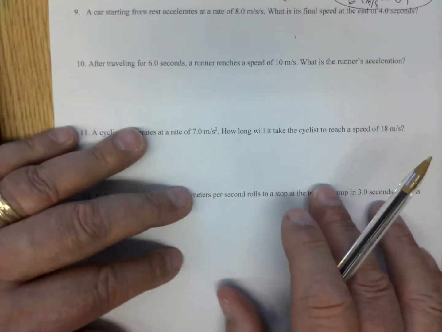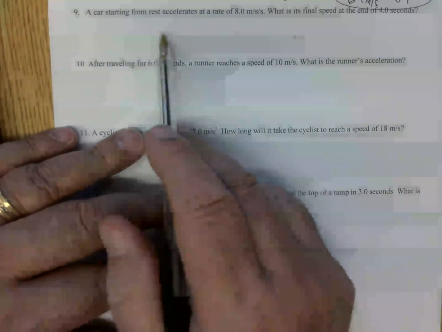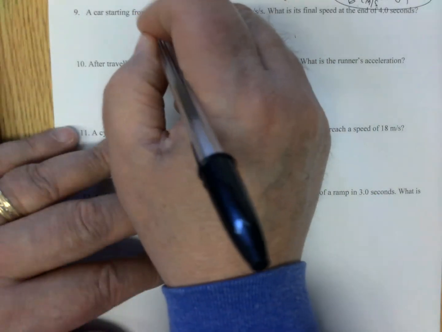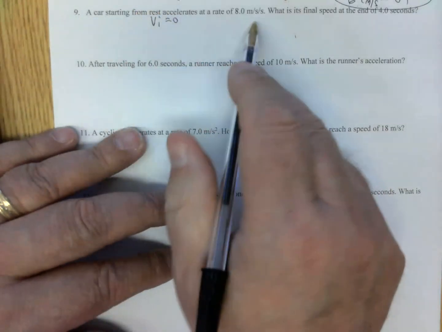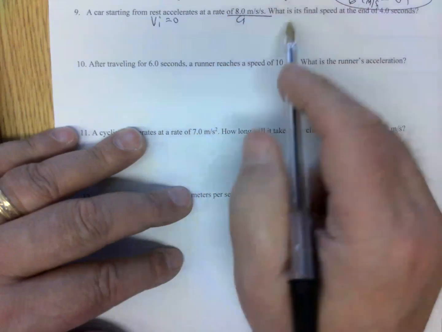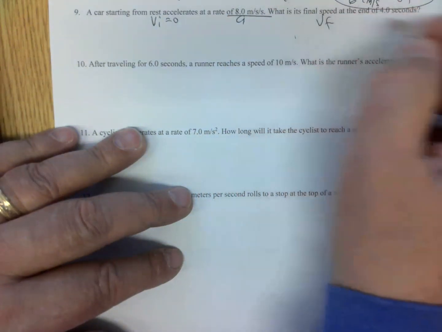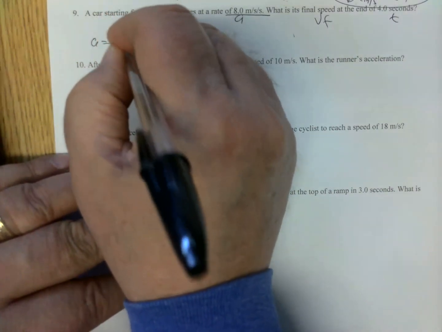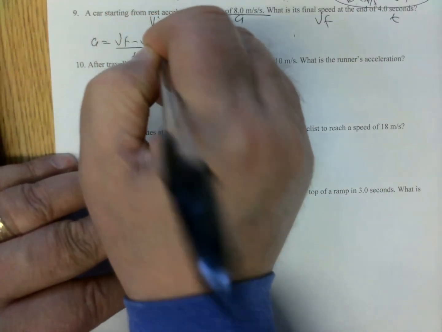Next one. So then it says a car starting from rest, v of i is 0, accelerates at 8 meters per second squared. What is the final speed, v of f, at the end of 4 seconds time? So then a equals v of f minus v of i divided by time.